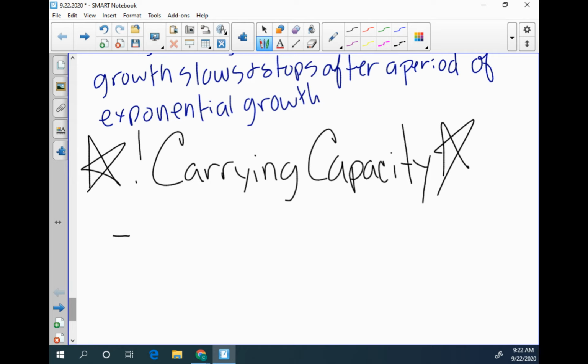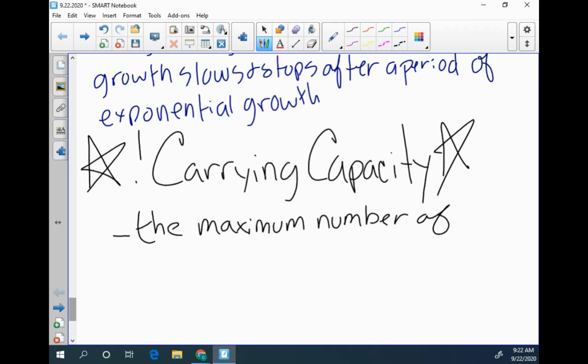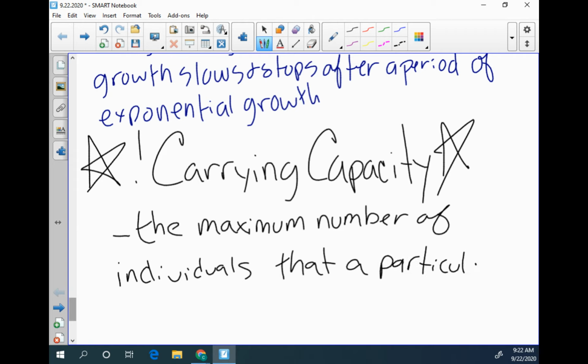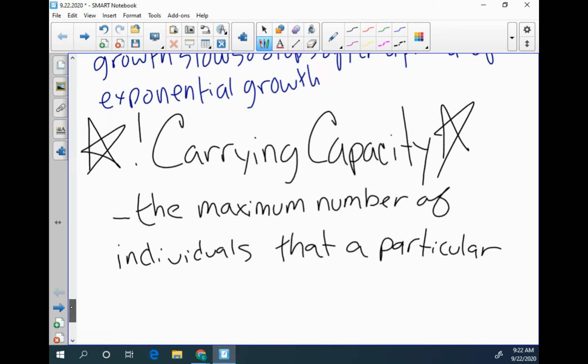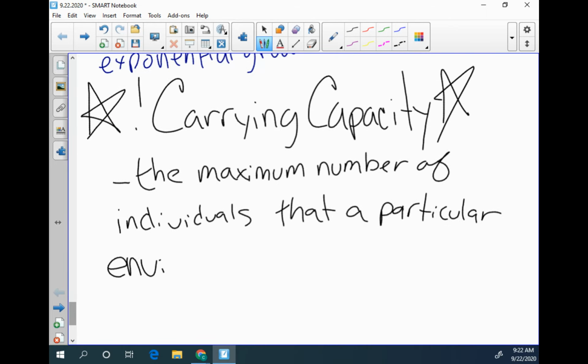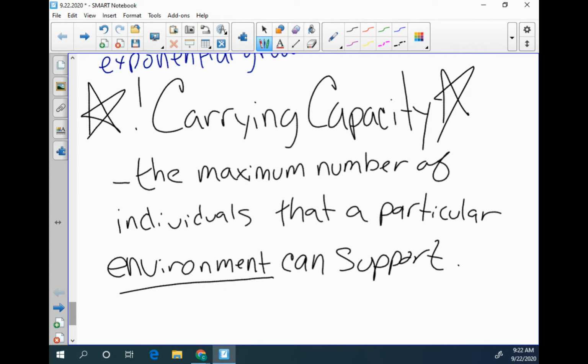Carrying capacity is the maximum number of individuals that a particular environment can support. That word environment is really key.